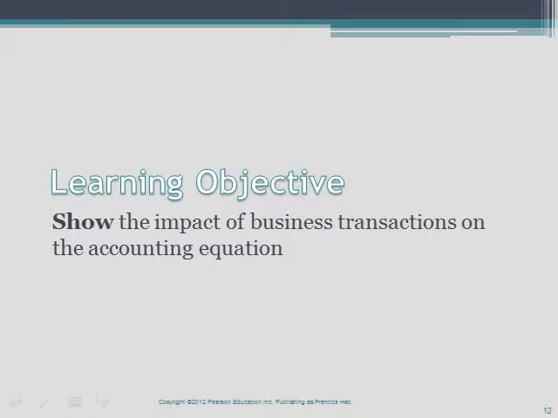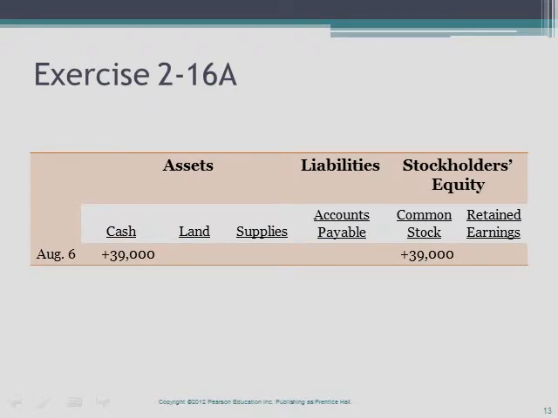So our next topic is going to be understanding the impact of business transactions on the accounting equation, which by now you should have memorized and recall is assets equal liabilities plus stockholders' equity. And so to understand this, we will use the events that are depicted in exercise 2-16A.